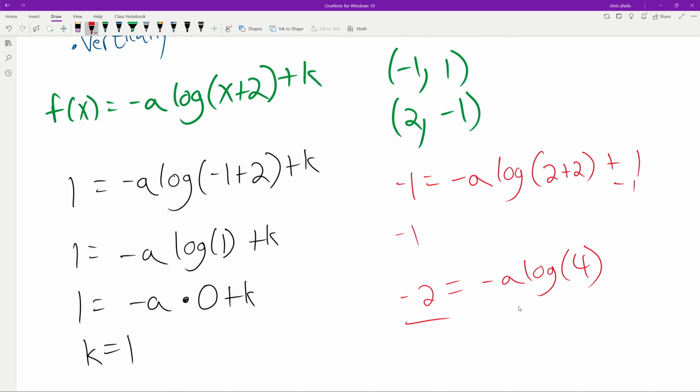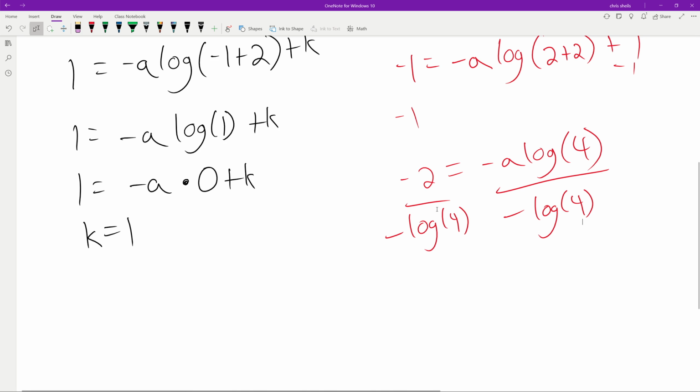And I can divide both sides by negative log of 4 to solve for a. A negative divided by a negative is a positive, so I get that a is 2 over log of 4.